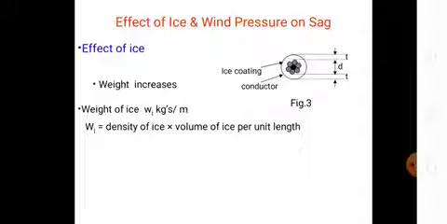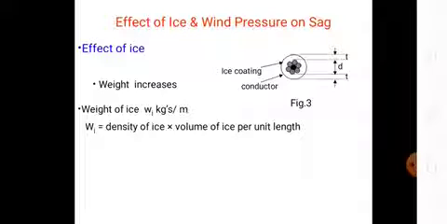That is equal to the density of ice into the volume of ice per unit length. Wi is equal to the weight of the ice coating per meter length, that is, volume of ice per meter length into ice density.